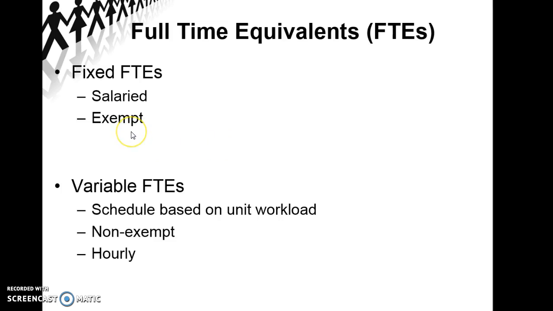That means if I'm not here, I still get paid the same amount. So it doesn't matter how much overtime, I still get paid the same amount. Variable FTEs are hourly. So when I go to prison, I'm not exempt. I'm an hourly employee. I get paid based upon the amount of time that I'm there. Okay?